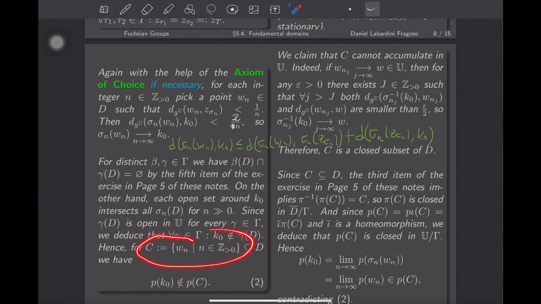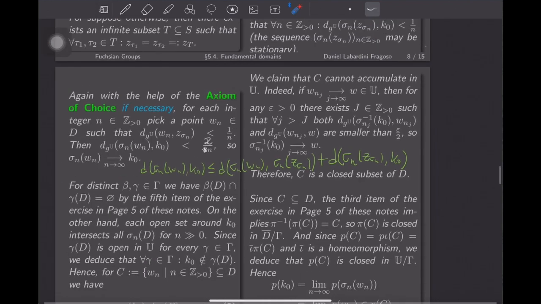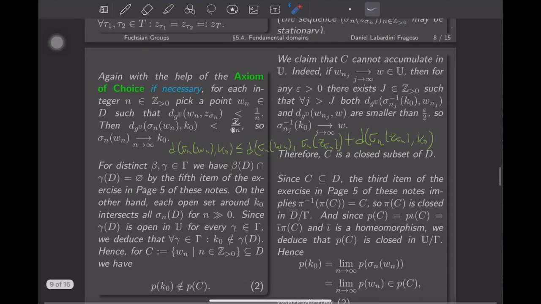This is written already like a sequence, converging to a point in U, right? And then what I can see is that if you give me any epsilon, there is some index, so that beyond that index, I have, you see here, this I can make less than epsilon.